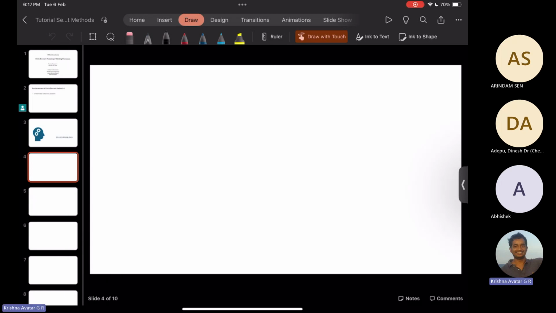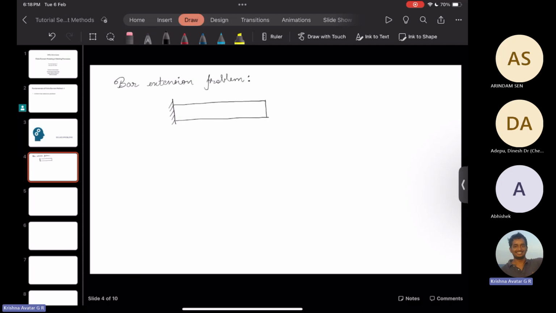So say we have a bar extension problem. Given a structure like this, it happens to be a bar, and right now I'm taking it to be a uniform bar.